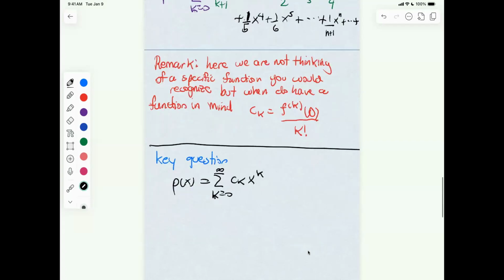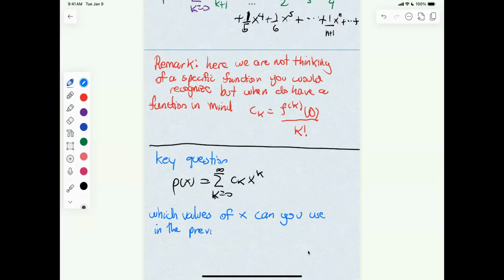So which values of x can you use in the previous formula that give a finite sum?